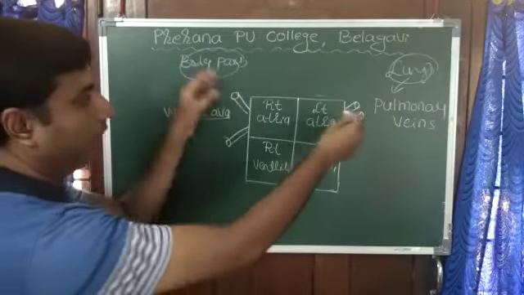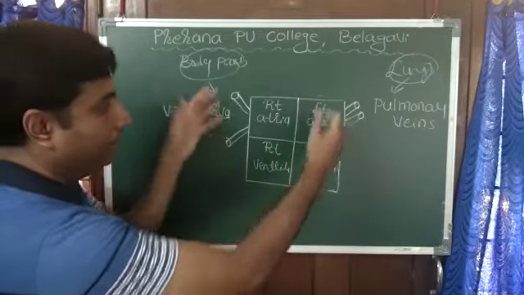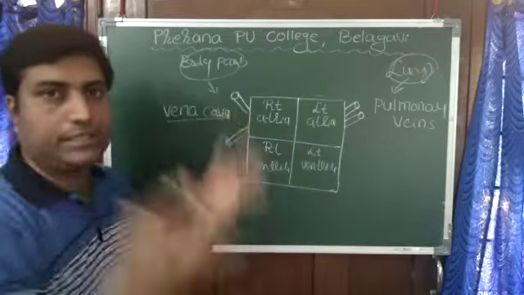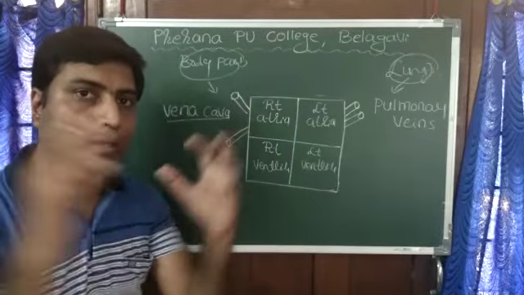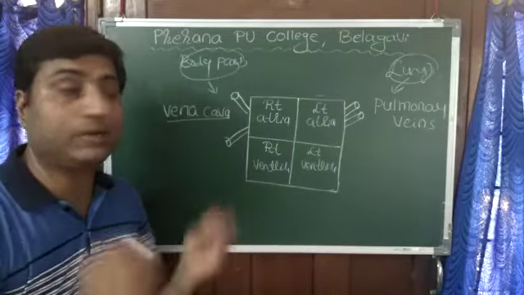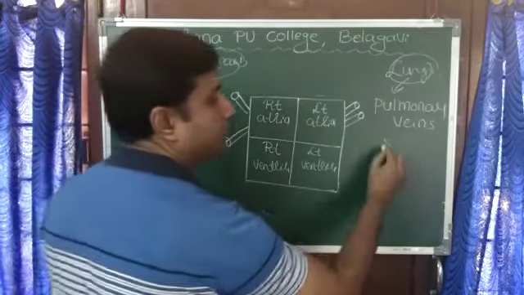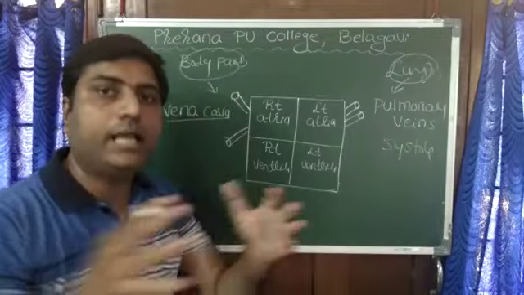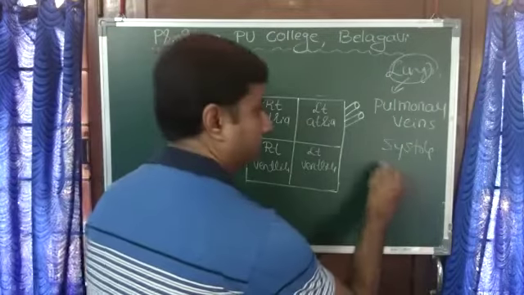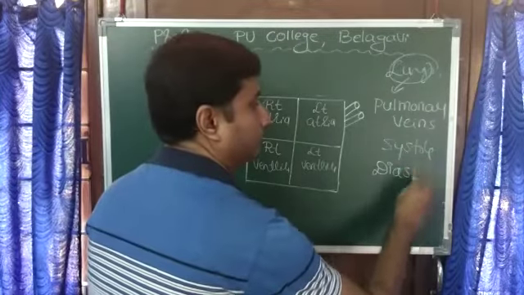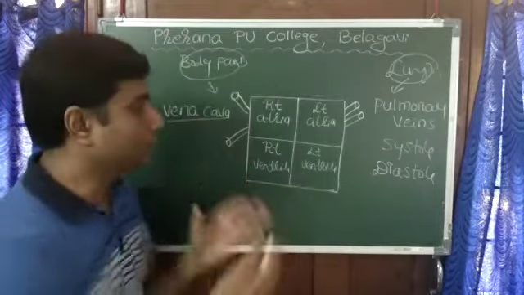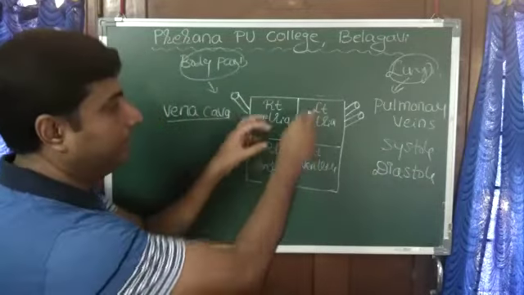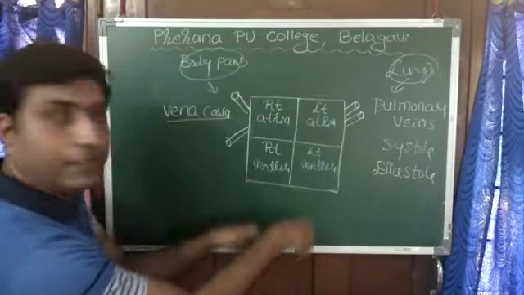Now once the blood is here, the atria contract. When they contract, we call it systole. There is a technical term called systole: systole is contraction, diastole is relaxation. When they contract, blood rushes into the respective ventricle.